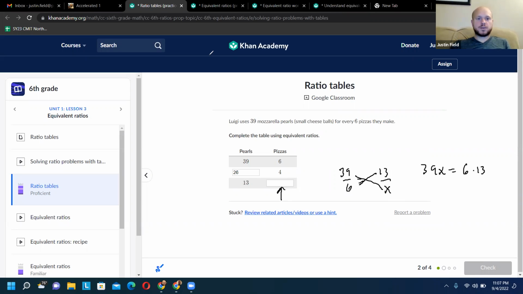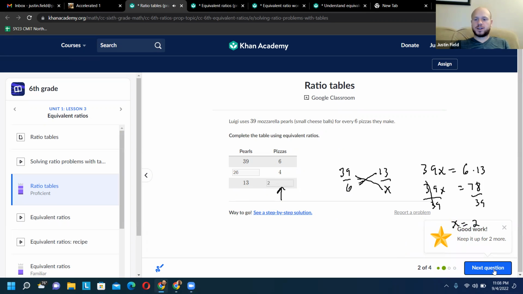What is 6 times 13? Now, I can do that. That's going to be 72 plus 6, it's 78. So I'm thinking that's probably 2, right? It's got to be 2. 78 divided by 39.